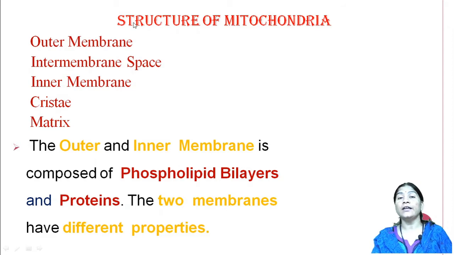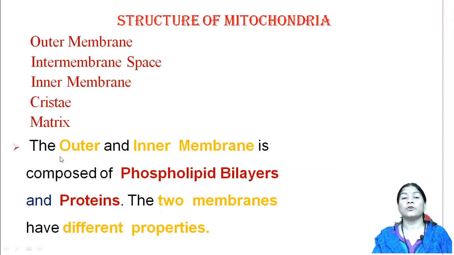When we learn the structure of mitochondria, we know that there are different components present. Mitochondria is a double membrane bound structure in which there are the outer membrane, intermembrane space, inner membrane, cristae and the matrix.